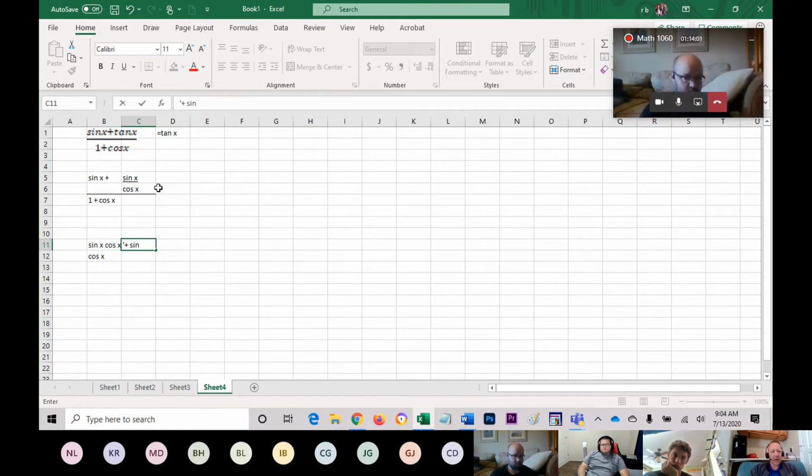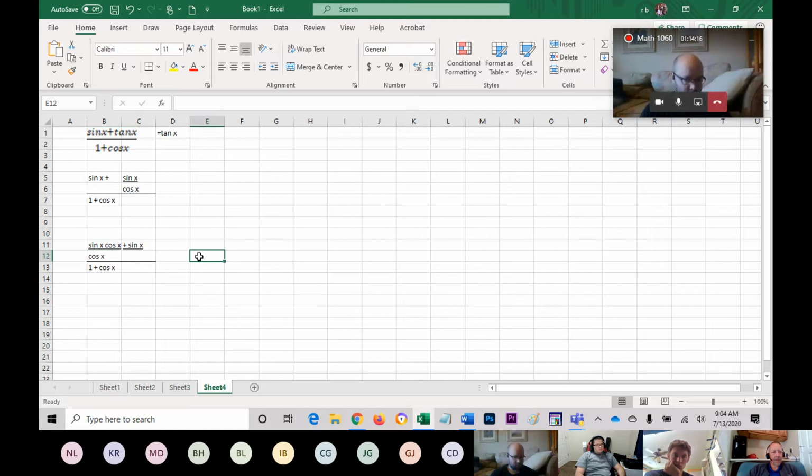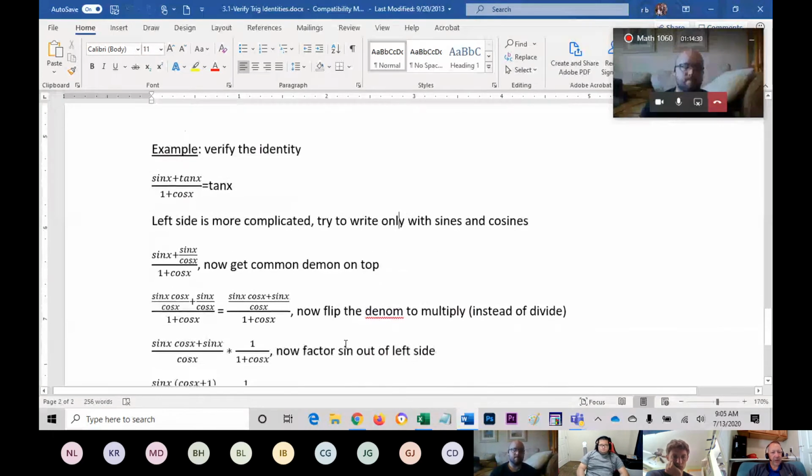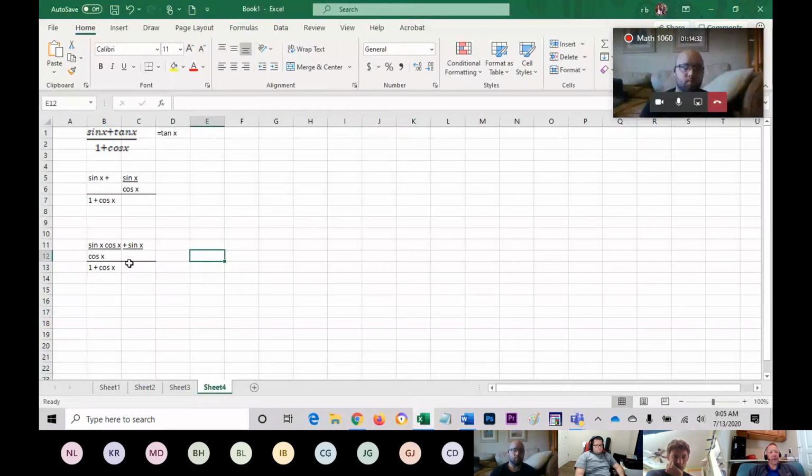And then I'm going to have the whole thing over 1 plus the cosine of x. Okay? Is everybody following me to here? Yes. Okay. All right. So now let me make sure I'm doing this right. I don't want to steer you guys wrong. Yes. Okay, we're on the right track.